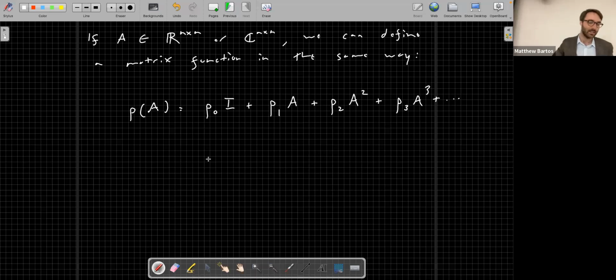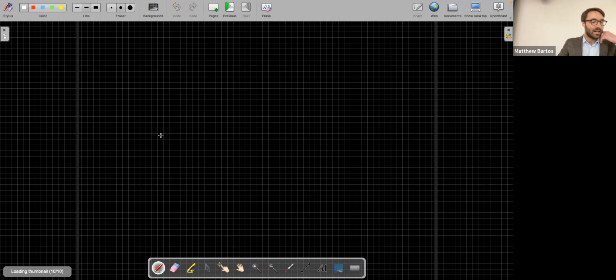So this is how we can define an analytic function for a matrix. So let's go through a couple examples, some examples of the scalar equation and then its matrix equivalent.